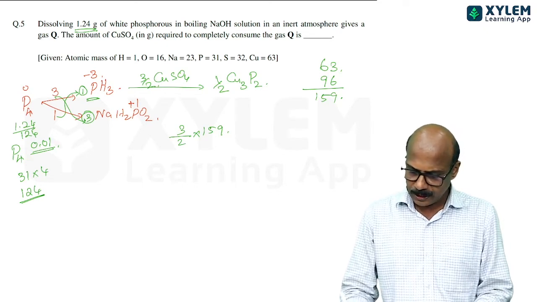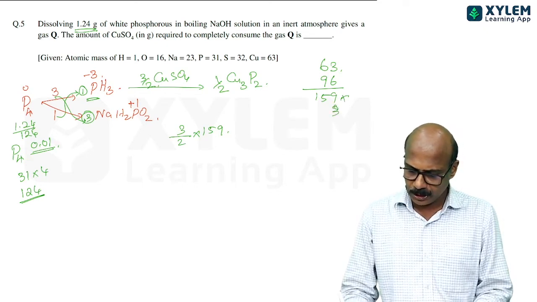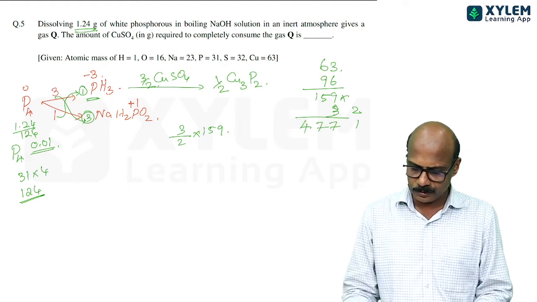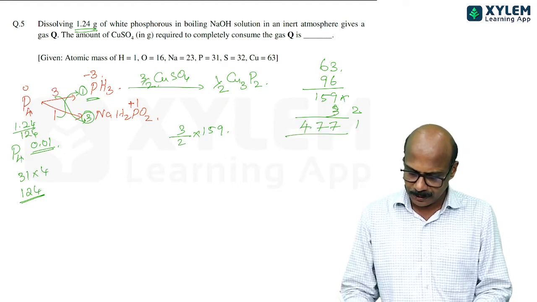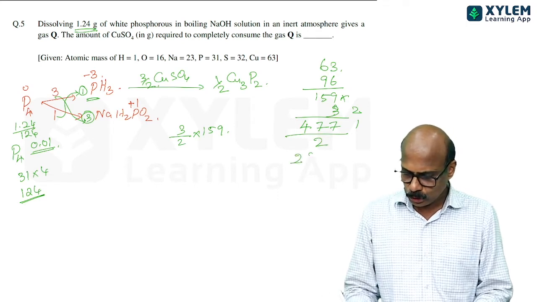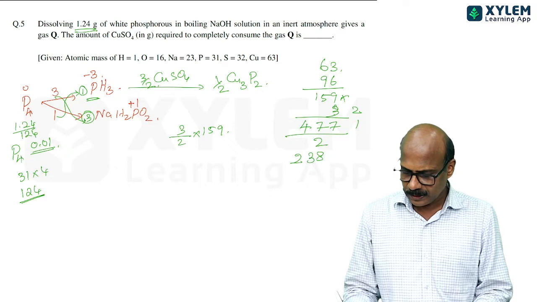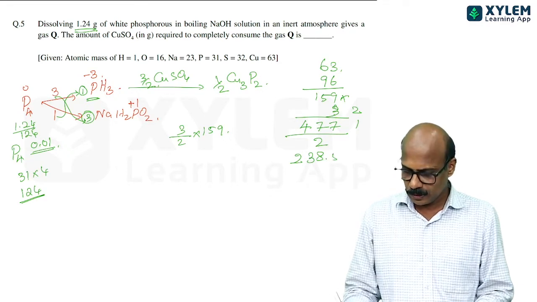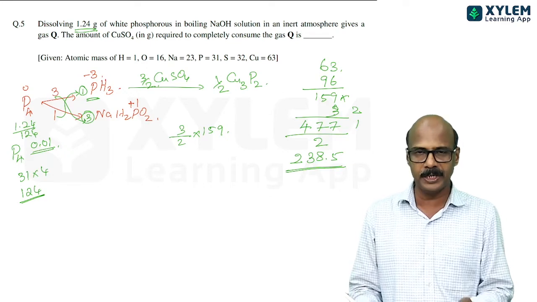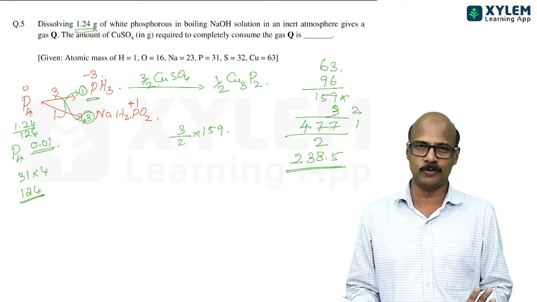That is 159 into 3, that will give you 9 3s are 27, 5 3s are 15, plus 2, 17, and here it will be 477 divided by 2. That will be 238.5 gram copper sulfate needed for 1 mole phosphine.